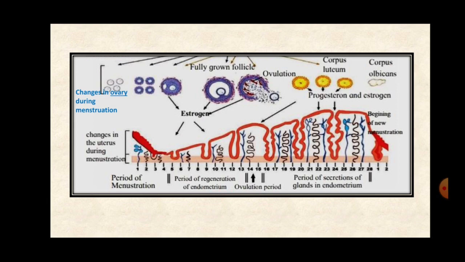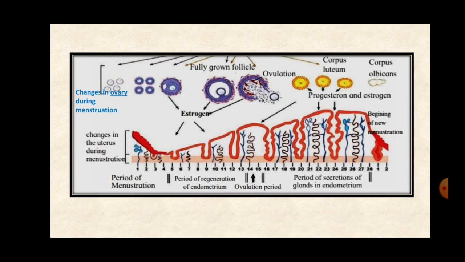Looking at the picture, you will clearly understand. First, the follicle and the oocyte together start to develop under the influence of follicle stimulating hormone. Now this follicle, while developing, secretes the hormone estrogen. You can see in the diagrammatic representation, the estrogen is secreted from the follicle, the purple color diagram.